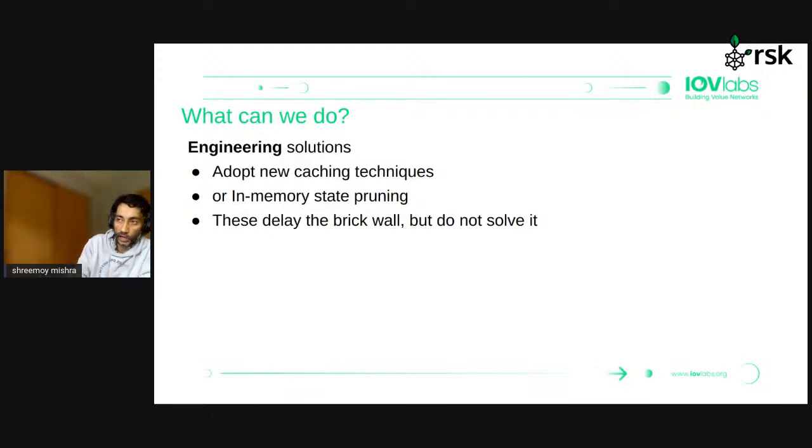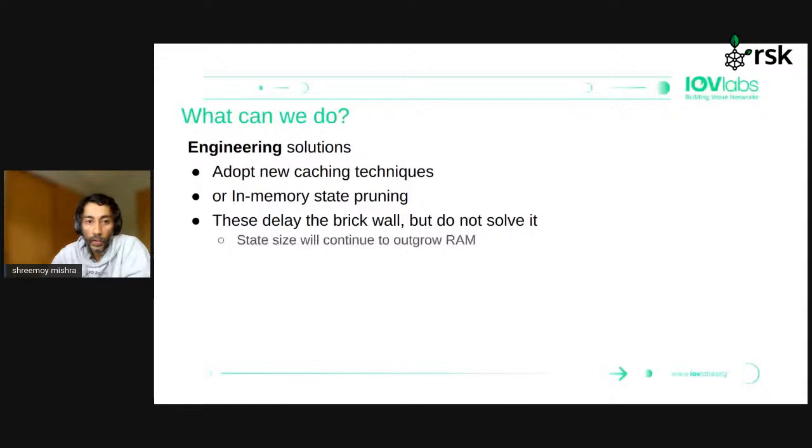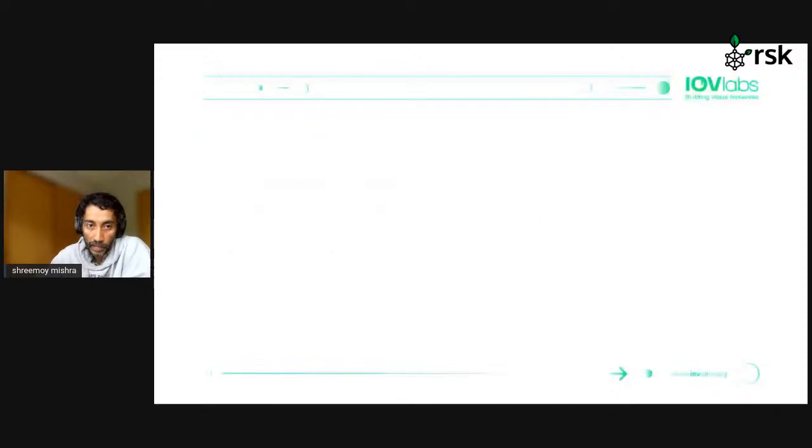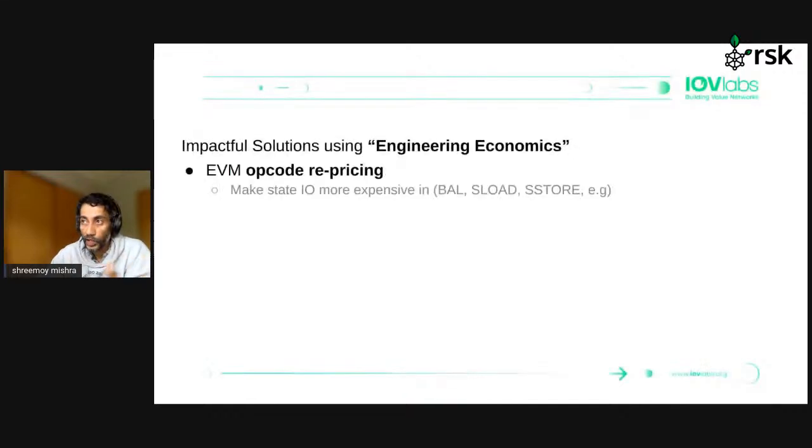I want to wrap up this talk here with some approaches that we call engineering economics, which combine engineering approaches with some price incentives, because we think those are much more impactful than just trying to patch the system with a new cache. I'm going to go over the top three solutions that we have in mind.